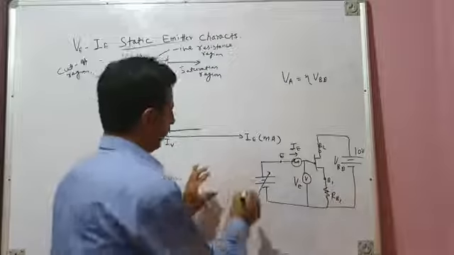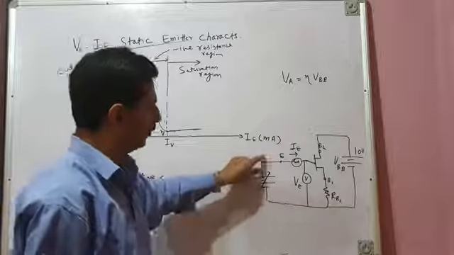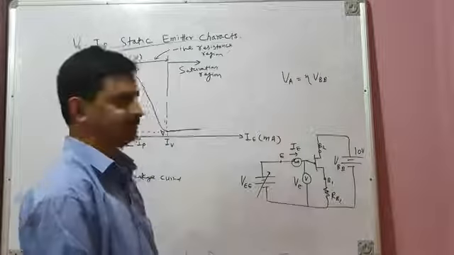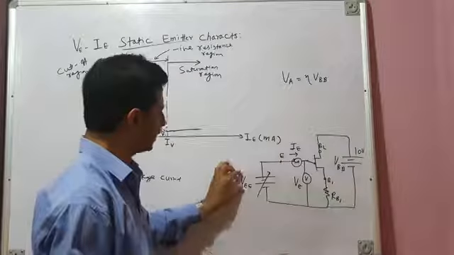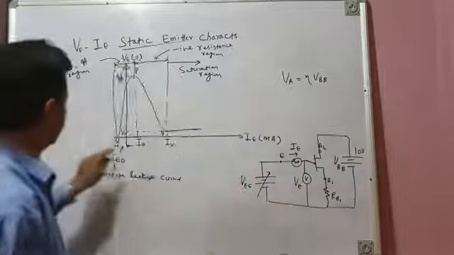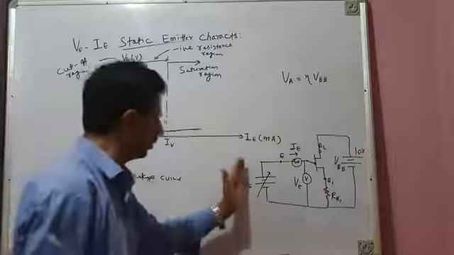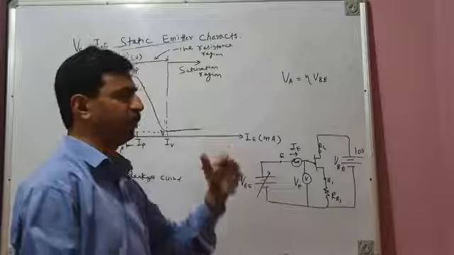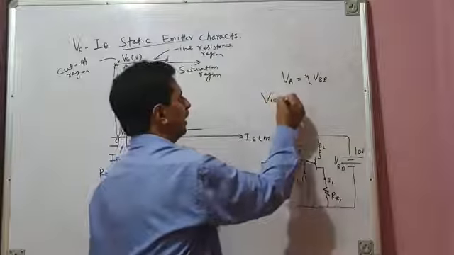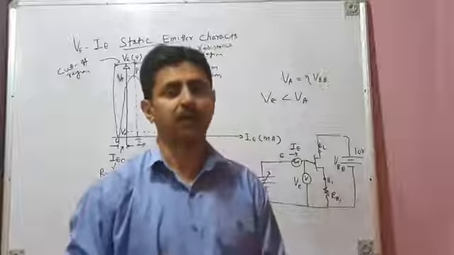Then we apply an external variable voltage VEE between emitter and base B1, and then we slowly increase this. Initially VEE is 0, current is 0, and then current is in fact negative. When you increase this, but if VE is less than VA, your PN junction is reverse biased, and it is in the off state.